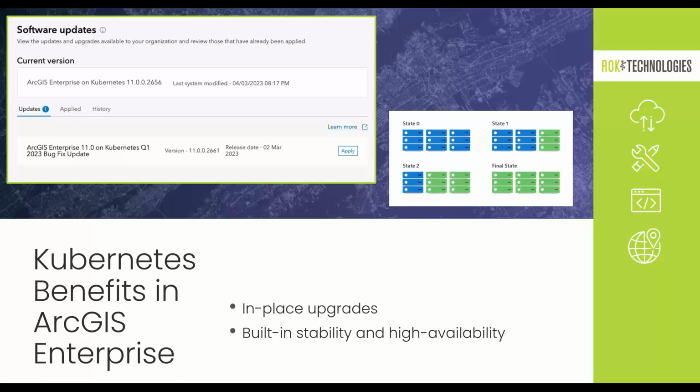How this works is as updates are issued, patches are released, or features are added, Esri will publish these new features or new versions of the microservice to their Docker hub, and ArcGIS for Kubernetes will pull down the latest images and perform a rolling update or a blue-green deployment of these services.